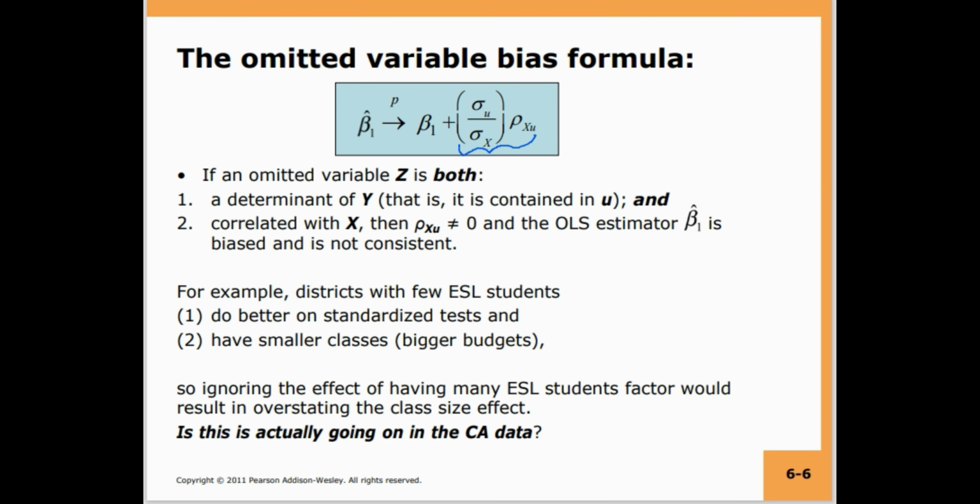So for example, districts with fewer ESL students do better on standardized tests and also have smaller classes. So ignoring the effect of having many ESL students would result in overstating the class size effect. You may actually be thinking that people are doing poorly on the standardized test because they are attending larger classes, but it may not have anything to do with the larger class sizes per se.